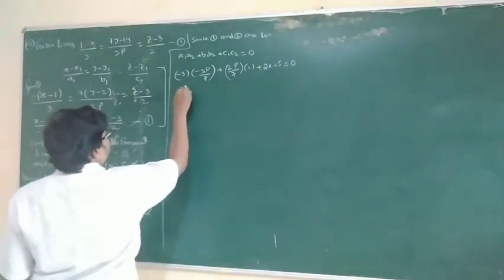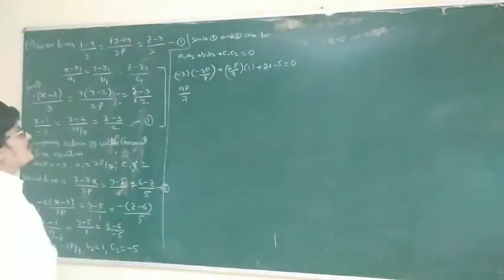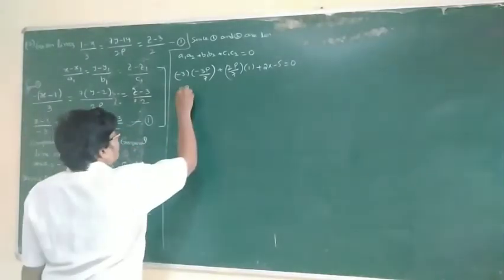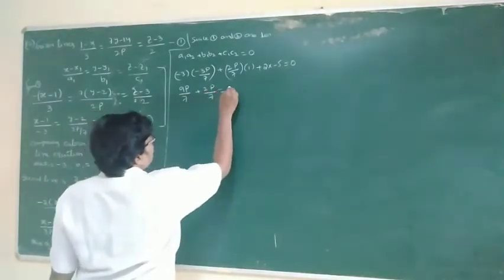So 9p by 7 plus 3 into 3 is equal to 9. 9p by 7 plus 2p by 7 is equal to 10.